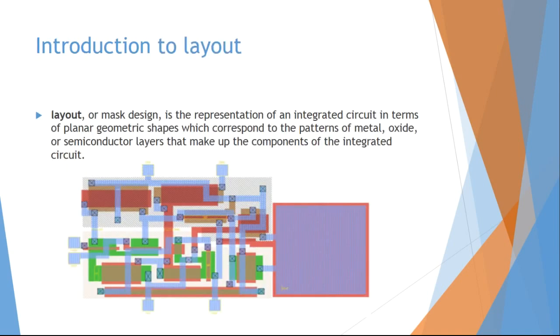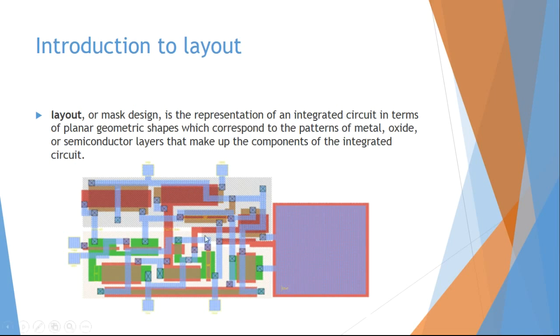So just a general introduction to the layout. A layout or mask design is a representation of an IC in terms of planar geometries, mainly in rectangular form, which correspond to the pattern of metal, oxide, and semiconductor layers that make up the components of an IC.